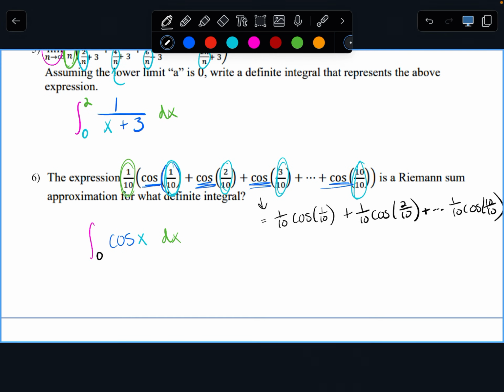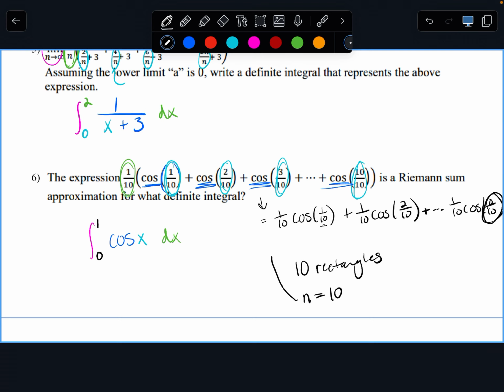So I know it's going to start at 0, but what number is it going to go up to? 1/10, 2/10, 3/10, all the way up to 10/10, which is 1, because 10 divided by 10 is 1. So essentially we're doing cosine from 0 to 1, and we're doing 10 rectangles, this 1 over 10, from 0 to 1.